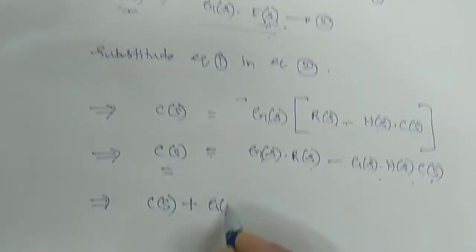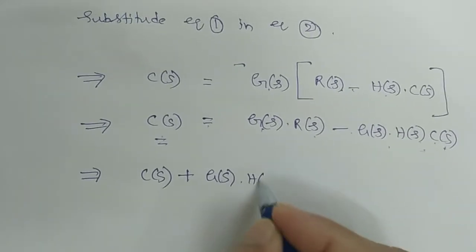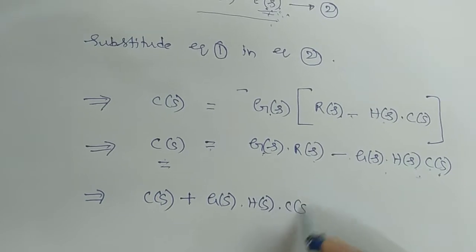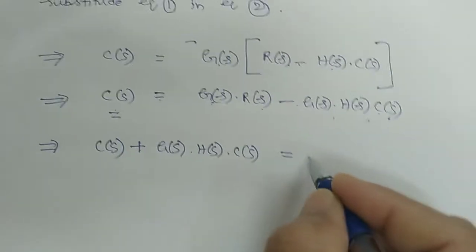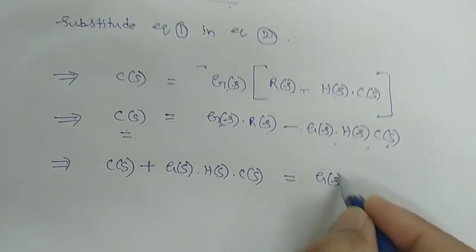So G(s) H(s) into C(s) is added, and what will remain on the right is G(s) into R(s).